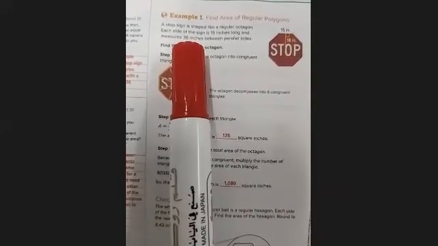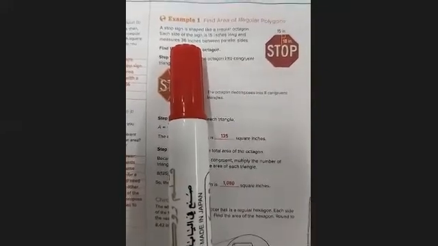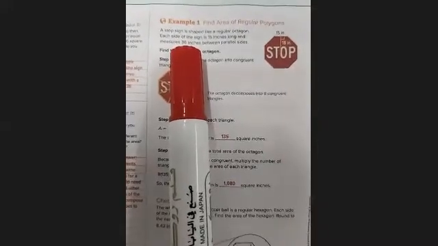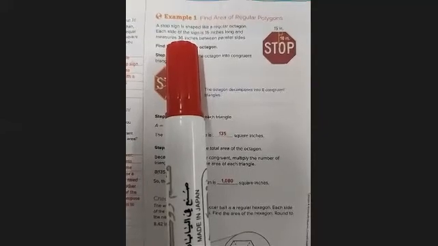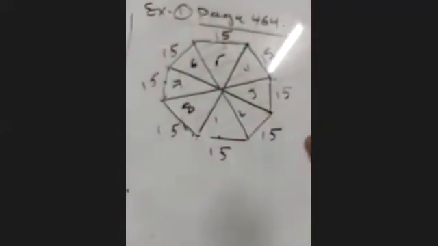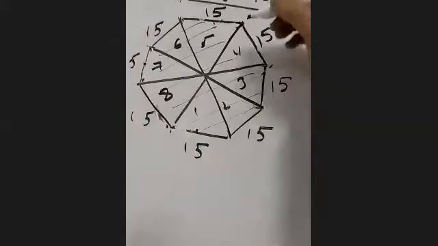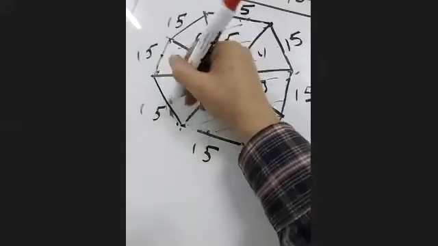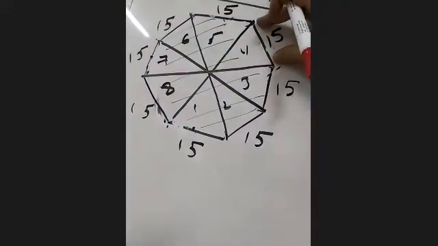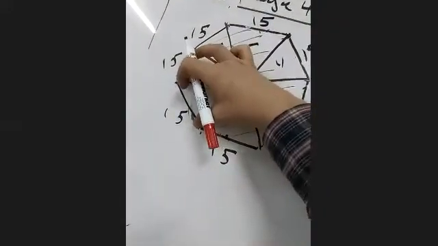Continue, son. And measures 36 inches between parallel sides. Parallel sides, guys, means the side with its opposite side. This side, for example, with its opposite side.